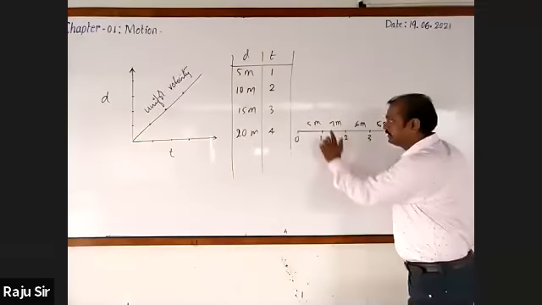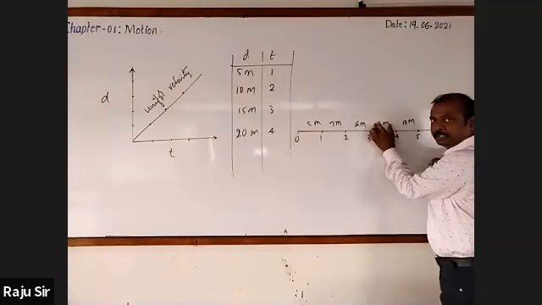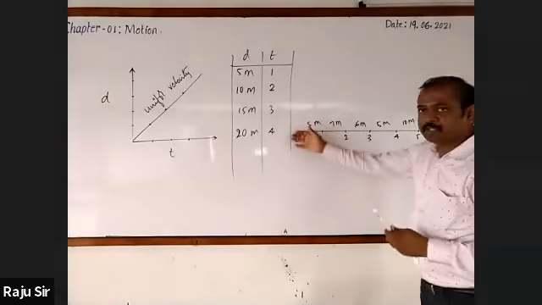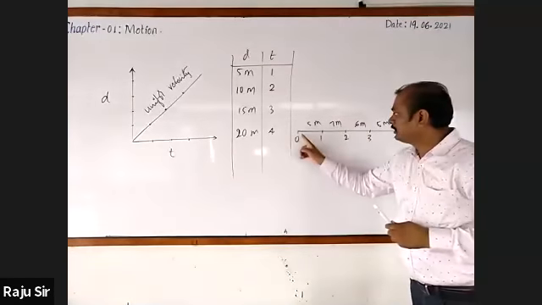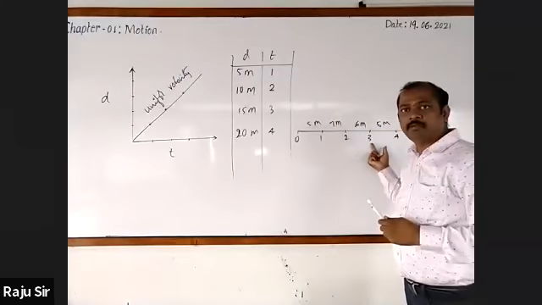In the next second, it has covered 7 meters. In the third second, it has covered 6 meters. In the fourth second, it has covered 5 meters. From this, can we conclude that the body is covering unequal distances in equal intervals of time?